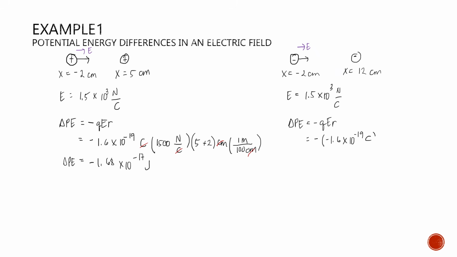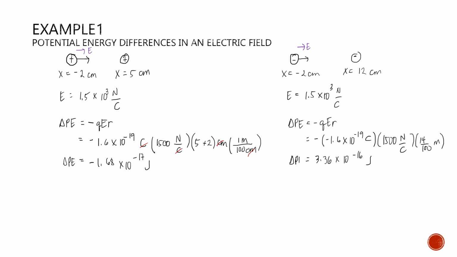So same electric field, and then that's 12 minus negative 2, so that's 14 over 100 in meters. All right. So it's 3.36 times 10 to the power of negative 16 joules.